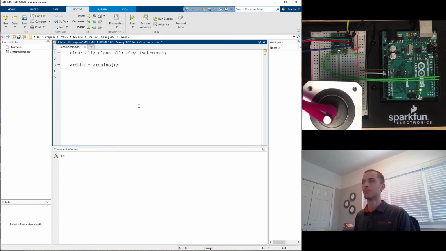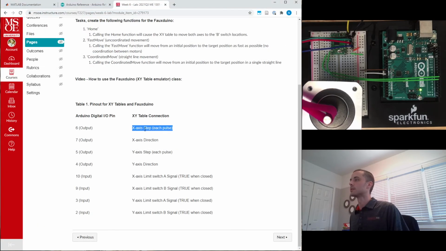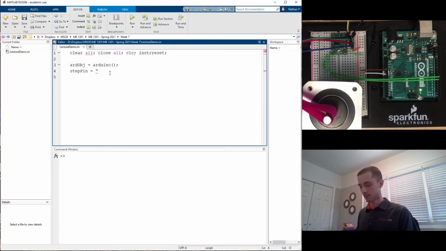First I'm going to define what the pins are. The step pin is D6, and the direction pin is equal to D7. So now I've got the two different pins.